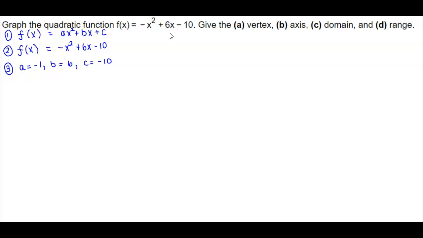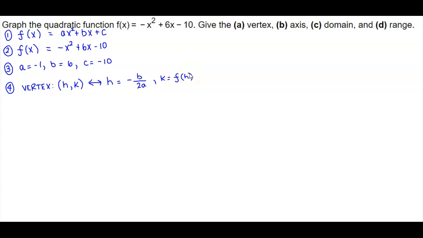Now, in order to find the vertex, we need to look at the following. The vertex is (h, k), where h is equal to negative b over 2a and k is equal to f of h.